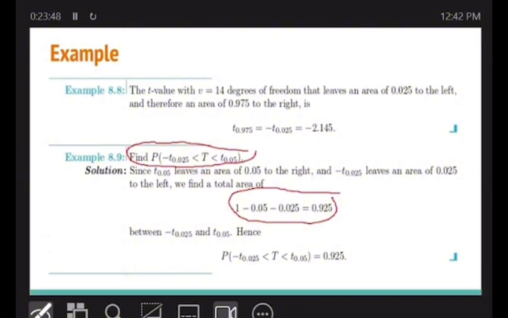And if this is what I have, then I can boastfully tell the world that everything here is just 0.925. It just subtracts. If you want to solve a problem like this, you don't need degrees of freedom. But the one up here is asking you to find a T value. If you want to find a T value, you need a degree of freedom. If you want to solve a probability, you don't need a T value or a degree of freedom. Now, this is what we got for that.